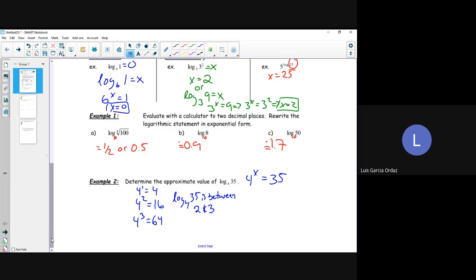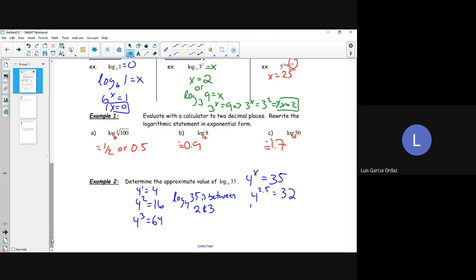So now, at this point, we need to take values between 2 and 3 and put them in for our exponent. Let's take 4 to the power of 2.5. That is going to give us 32. We're close, but not exactly at 35.